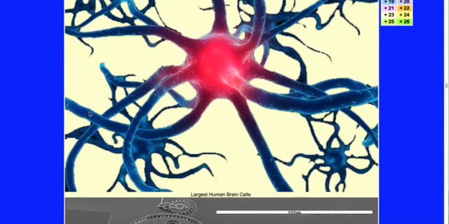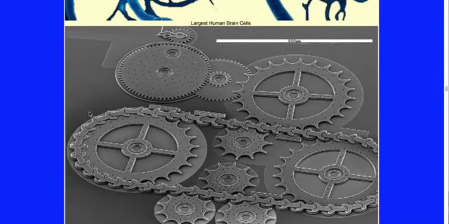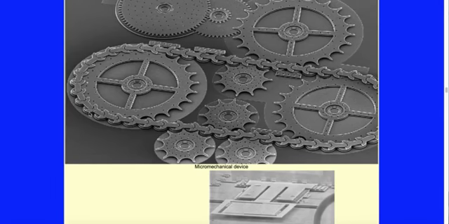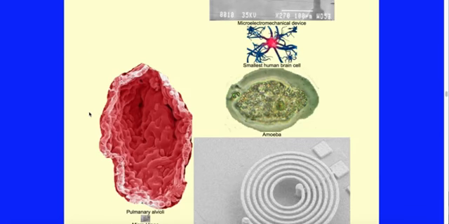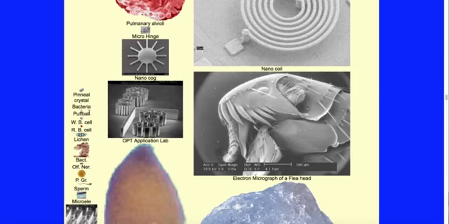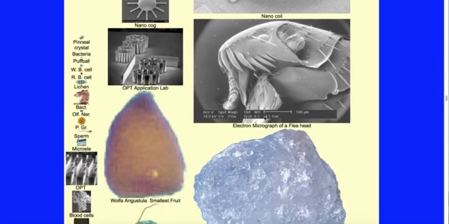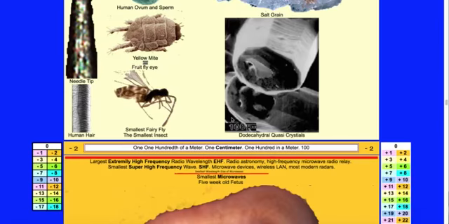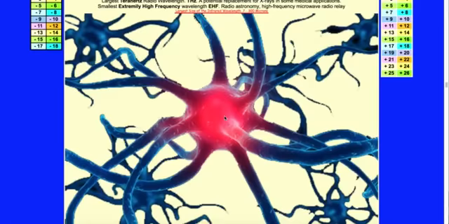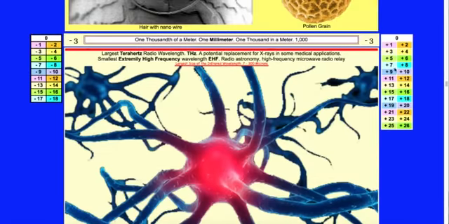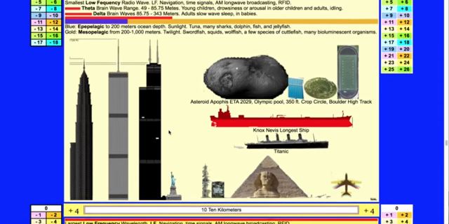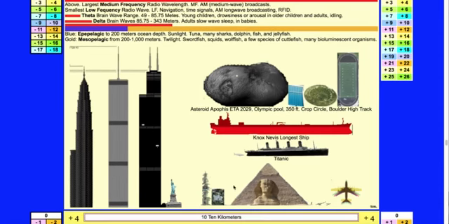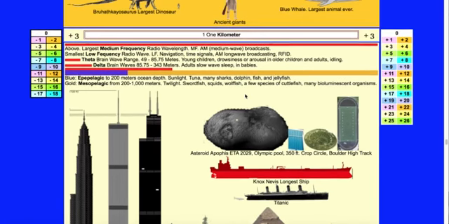The biggest brain cell is to you, and the smallest micromechanical device, and your pulmonary alveoli. Oh my God, and a flea head and a grain of salt and such is to you what we are to a skyscraper and a pyramid and an asteroid.